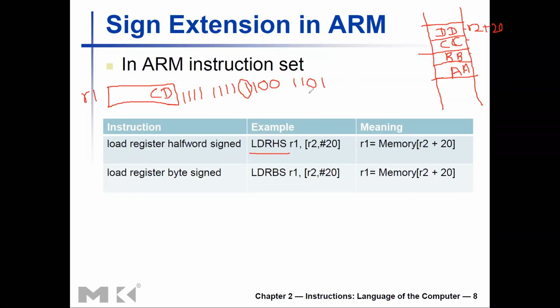This is 8 bits. So what you need to do is, how can I erase it? Okay, we'll get this one. Now for DD, it's going to be like 1 1 0 1 1 1 0 1, and this is for DD, this R2 plus 20 thing, and here also you have to make the correction.